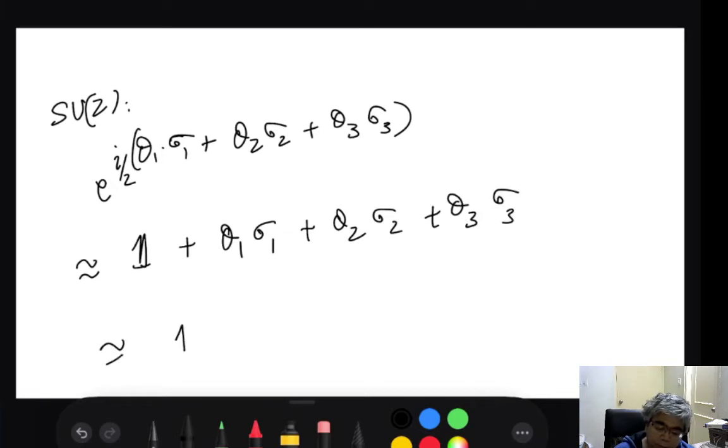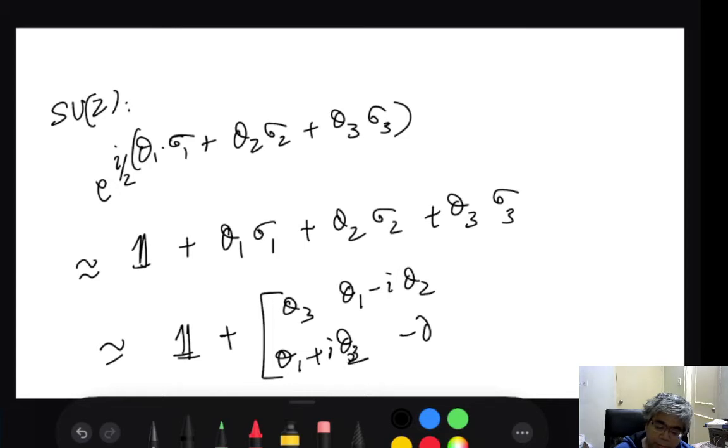This is roughly the identity matrix plus theta 1 times sigma 1, and I know what it is: theta 3, theta 1 minus i theta 2, theta 1 plus i theta 2, minus theta 3, and so on. Because it's an exponential series, you can have an expansion in this particular manner for small theta.